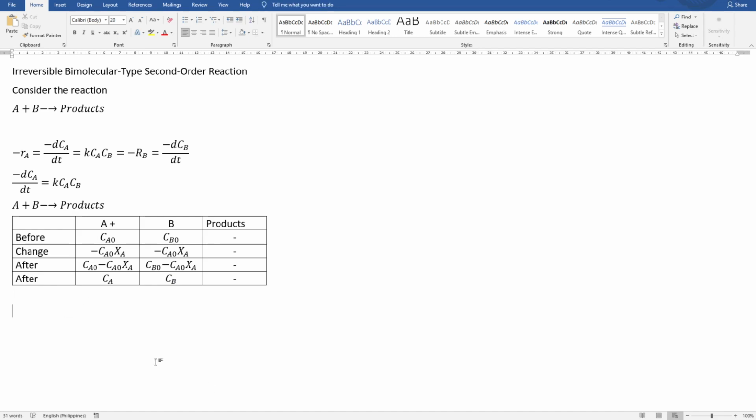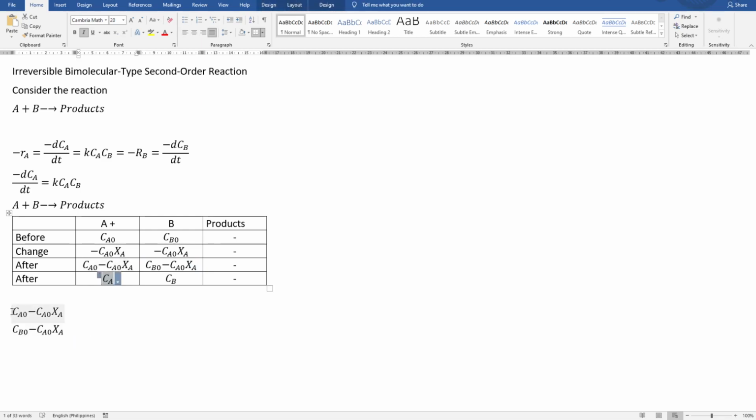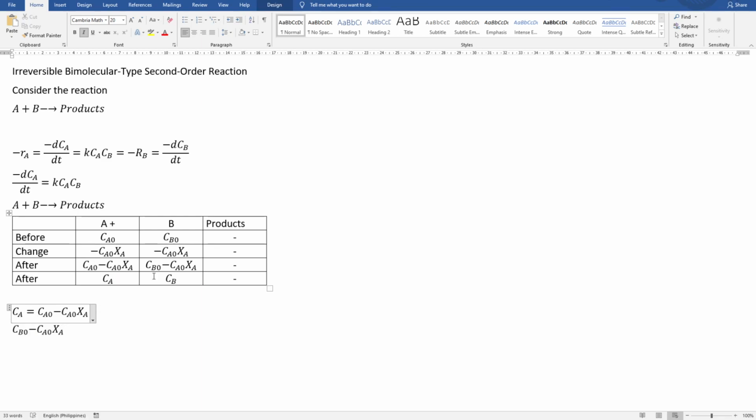So we could say that CA is equal to CAO minus CAO XA and CB is equal to CBO minus CAO XA.